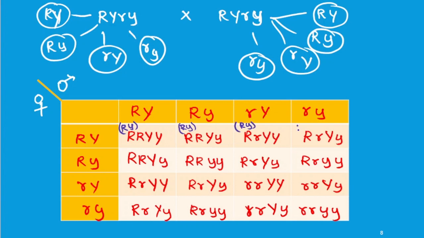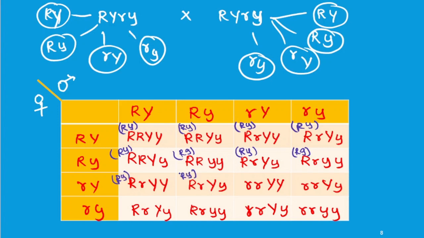This is round, but this is green, so it is round green. This is round yellow. This is round green. This is round yellow. This is round yellow. This is wrinkled yellow.